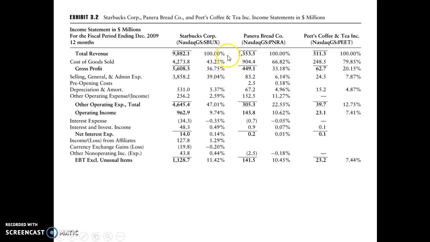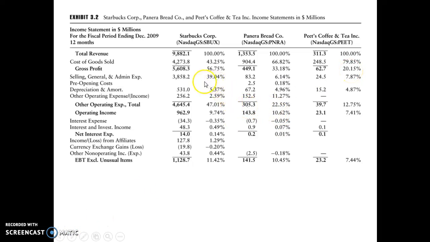So for instance here, just from our preliminary analysis, we can see that Starbucks has the largest gross profit margin of any of these three companies at 56.75 compared to Panera Bread's 39.18 and Pete's 20.15%.